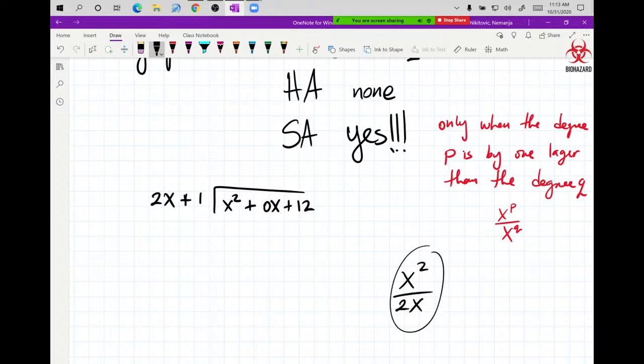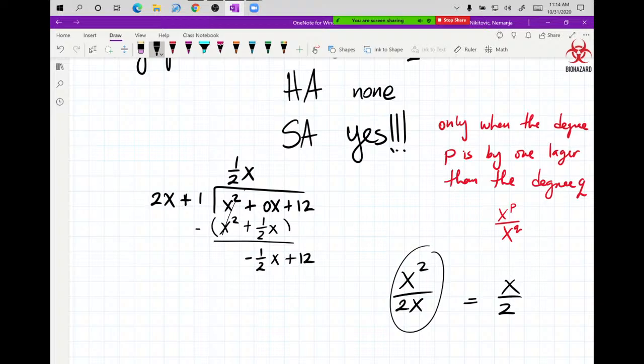So now to do this long division, I have to ask how many. It's x squared divided by 2x, which is x over 2, which is 1/2 x. Now you multiply 1/2 x back, you get this, plus 1/2 x, and now you subtract. These cancel. Now this is intermediate algebra. And you get negative 1/2 x there plus 12.